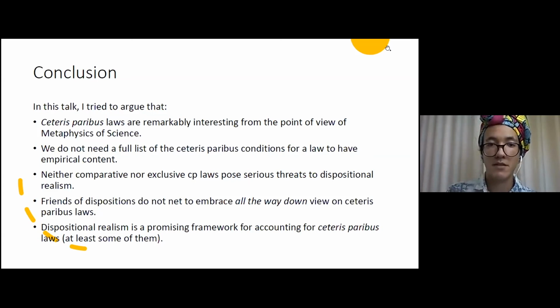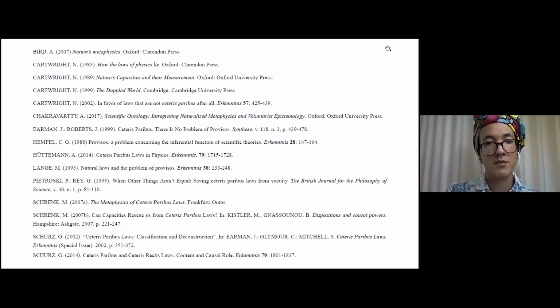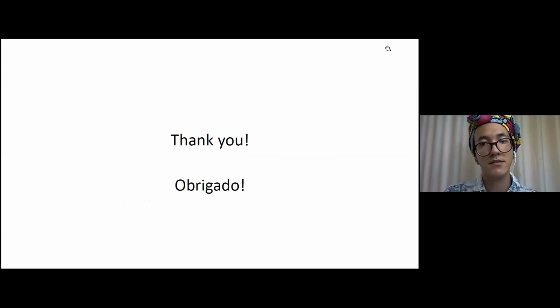Neither comparative nor exclusive Catrespirables laws pose serious threats to dispositional realism. Friends of dispositions do not need to embrace the all-the-way-down view on Catrespirables laws. Dispositional realism is a promising framework for accounting for Catrespirables laws, or at least some of them, the definite and indefinite exclusive Catrespirables laws. So here are some references, and thank you so much.